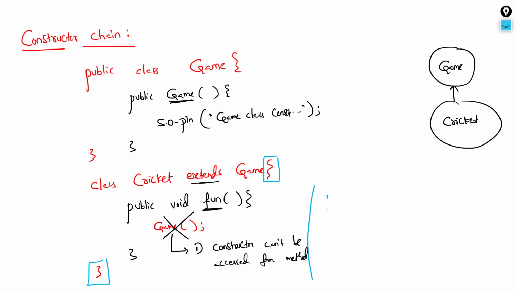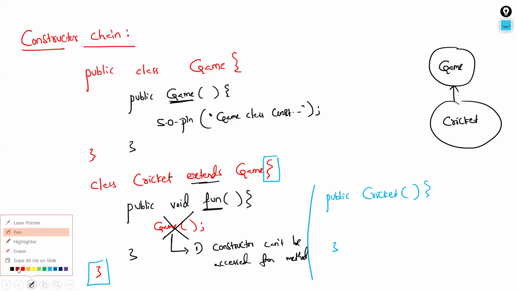Next, inside this Game body only, because of no space, I'm writing beside. Public Cricket. What is this? A constructor for the Cricket class, the same class. Then, from this constructor, the child class constructor, can we access the parent class constructor? Constructor name, then parenthesis and semicolon.